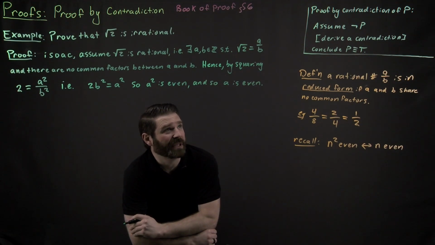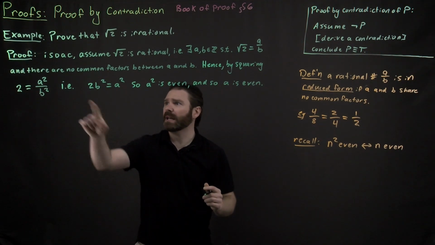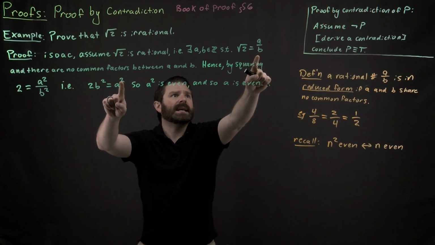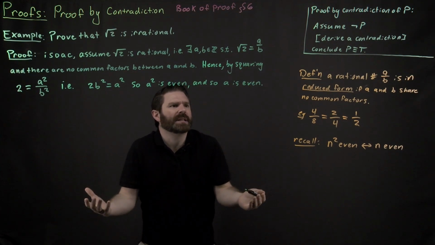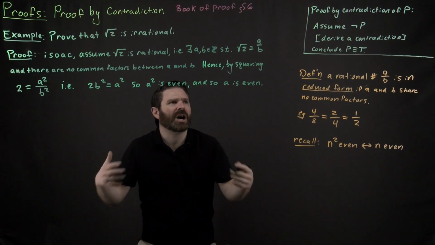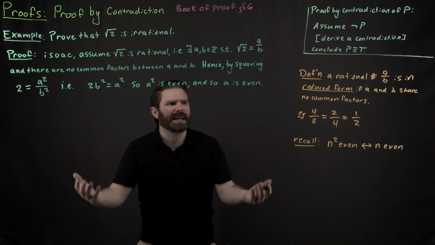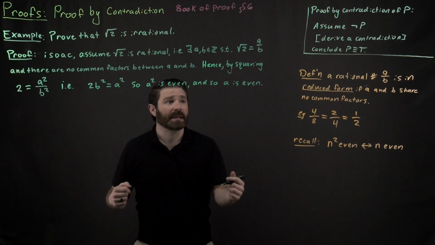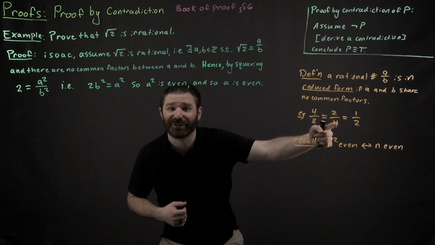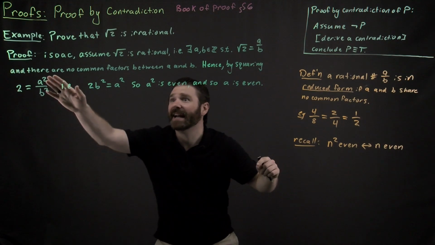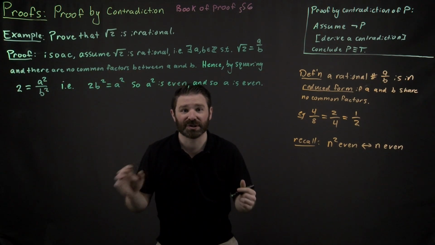Well, how does that help us? Well, a is even, and we had represented square root of 2 in reduced form. So that tells us that b cannot be even. Because if b was even, that means it would have a factor of 2, and I would have an even number over an even number. I could factor out a 2 just like I did over here, and it would not be in reduced form.